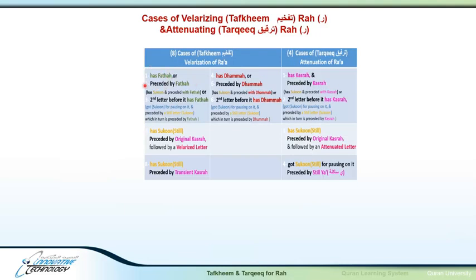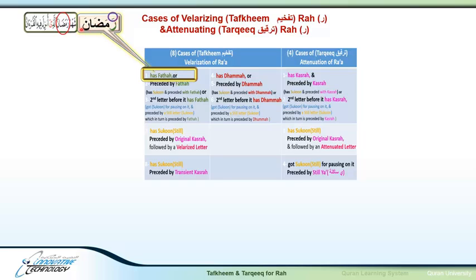We'll start with the first example where the Ra itself has a Fatha, like here we see the word Ramadan, and the Ra has a Fatha just above it, and let's listen. شهر رمضان الذي أنزل فيه القرآن.